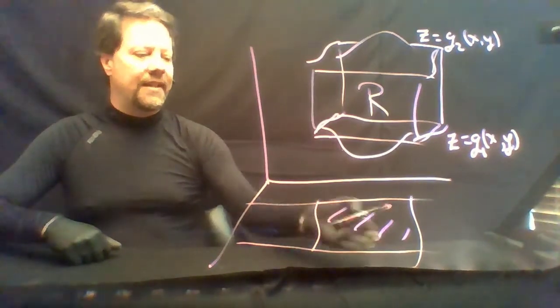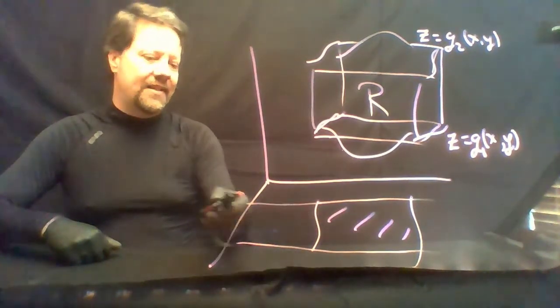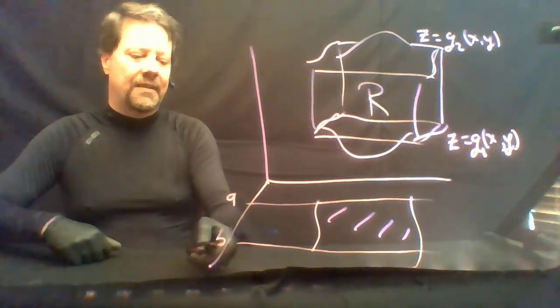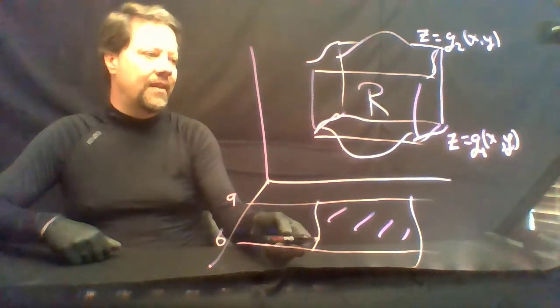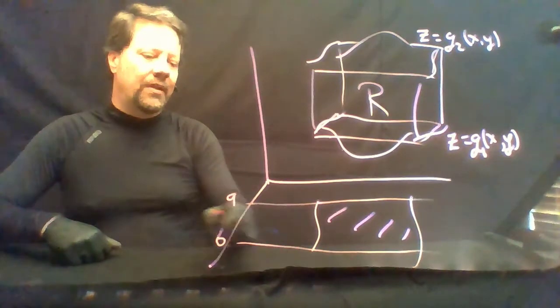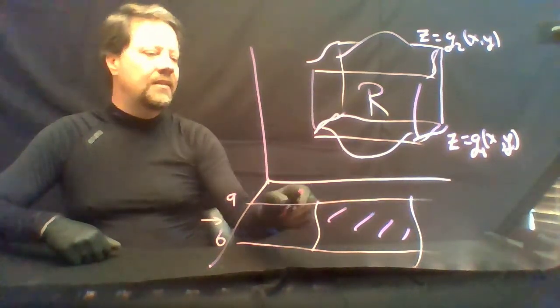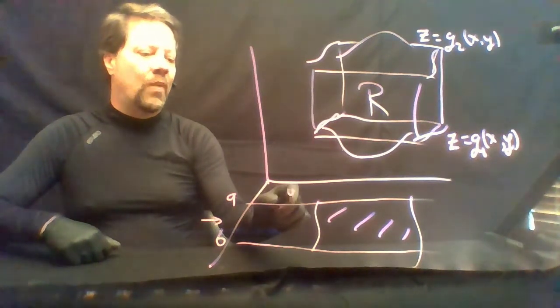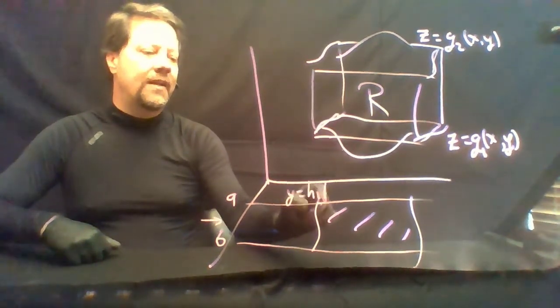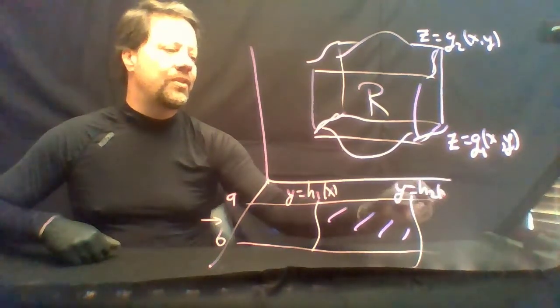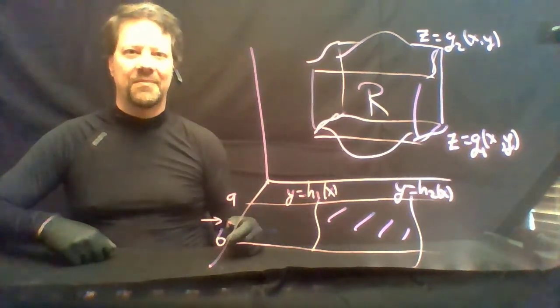into a region in the plane like this, which has a lower limit on the x of a and an upper limit on the x of b. It's bounded below, looking from this direction, using vertical cross sections this way, by a curve y equals h1 of x and y equals h2 of x on the top.